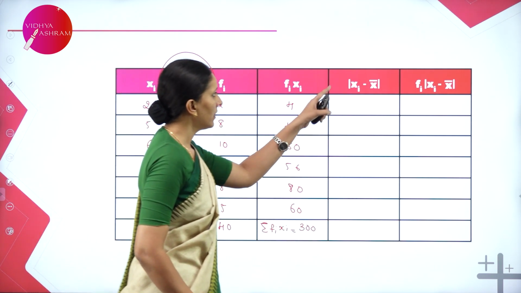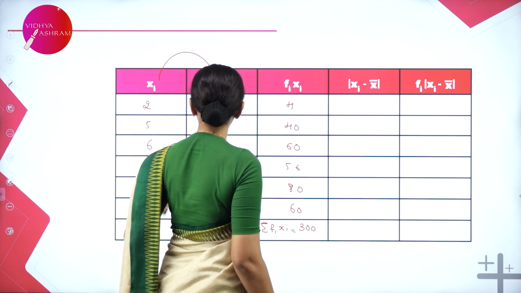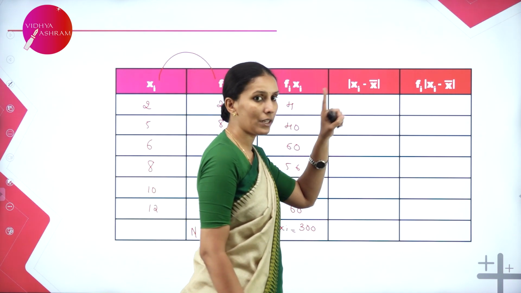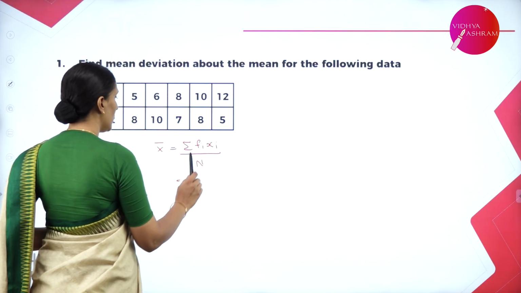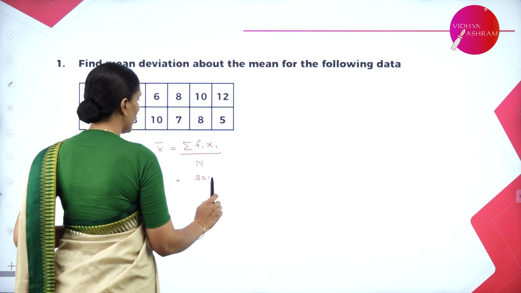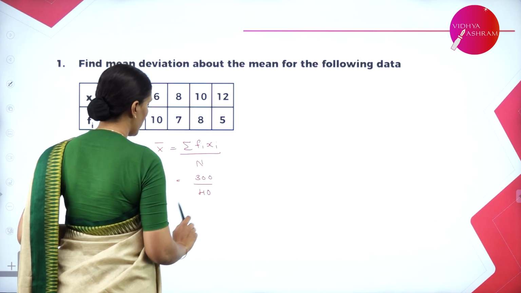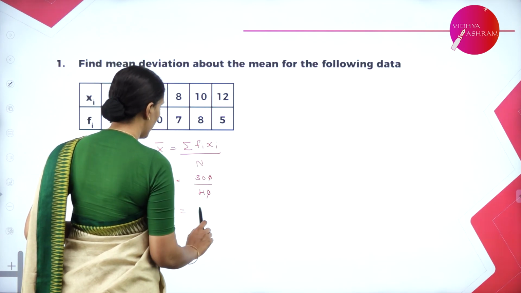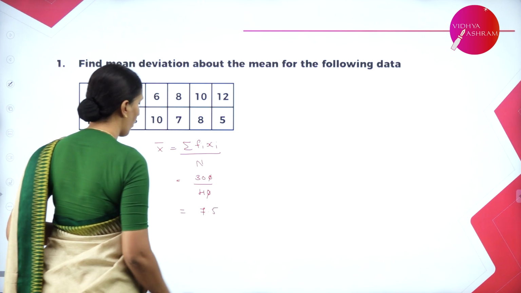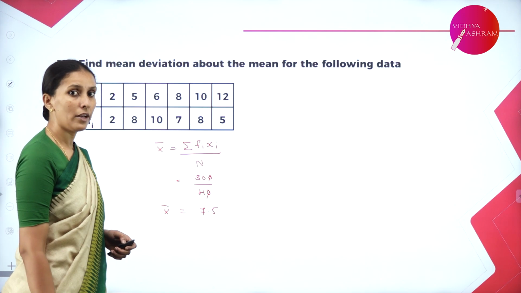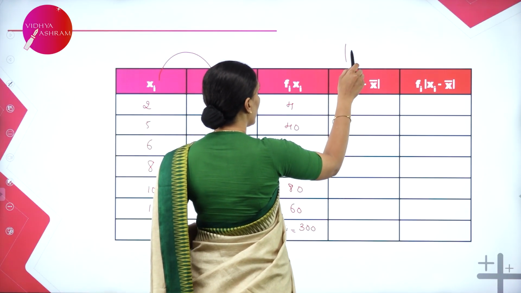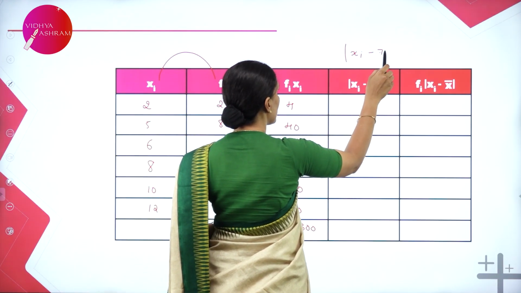Now, to find the deviation of all the observations with respect to mean, we need the mean. So for that, we'll substitute here 300 divided by 40. When you divide this, you will get the value as 7.5. Now, x bar is 7.5, therefore here this is |xi minus 7.5|.